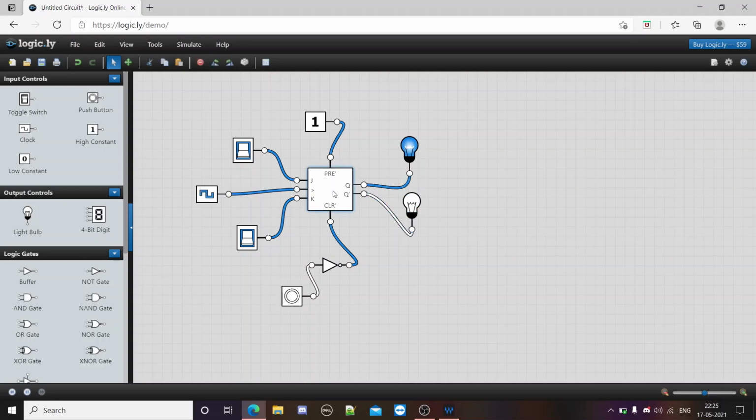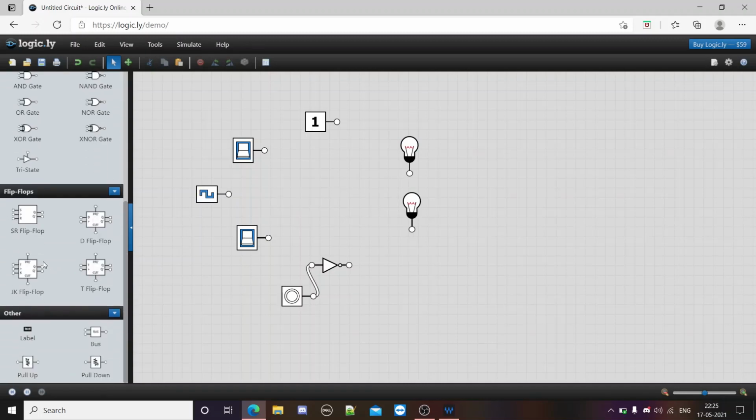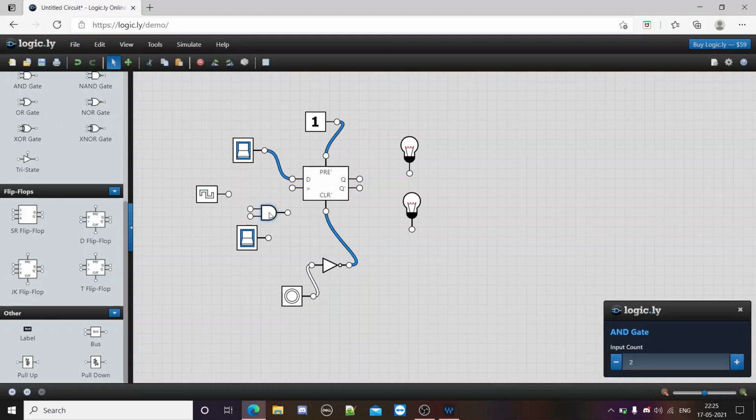Now let us move on to D flip flop. Just give the connections. In this we will give only one input, so for this I have to give a NOT gate.